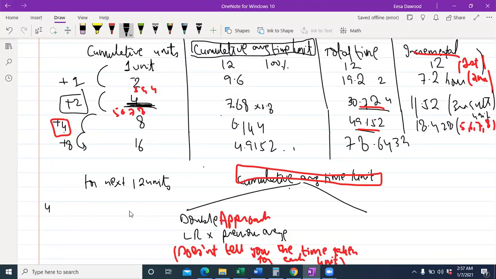If you have the time for 4 units, which is 30.72, and the examiner asks you to calculate the time for the next 12 units, the cumulative total would be 16.